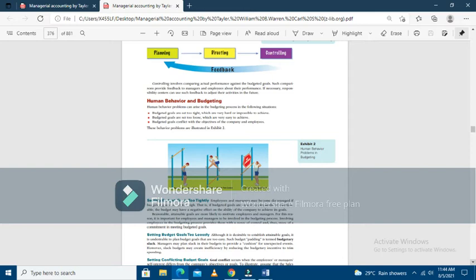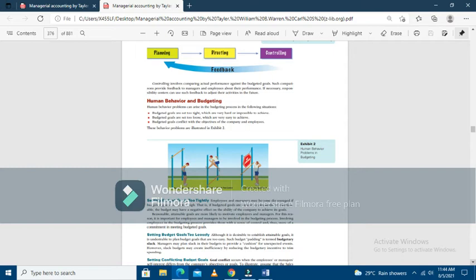So merong conflicts with the set budget and then the rules of the company. So how do we address that? It is the responsibility of management to identify those goals, and it is the responsibility of management accountants to provide factual information related to budgets and yung mga ganyang klasing analysis, di ba?